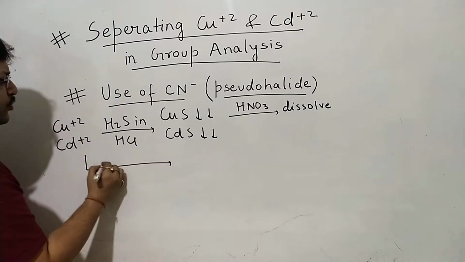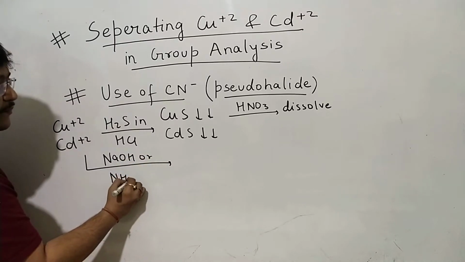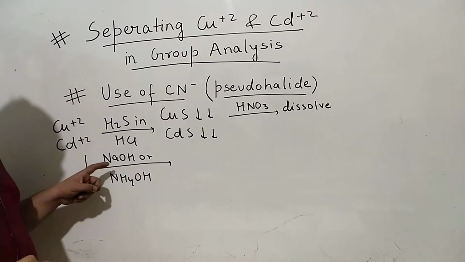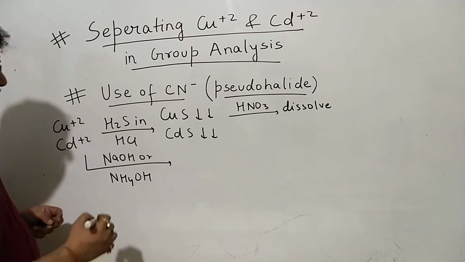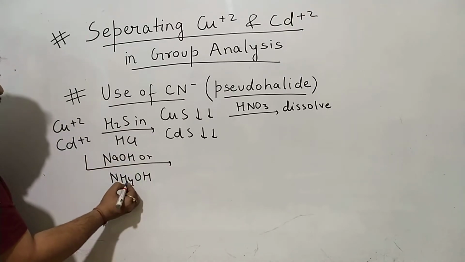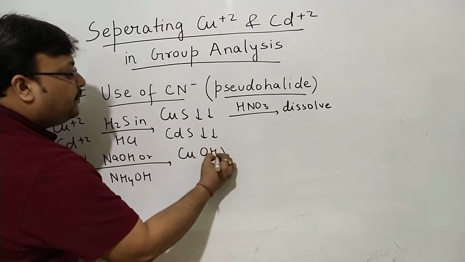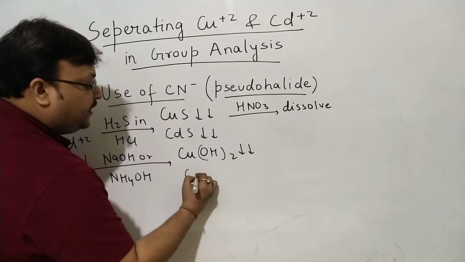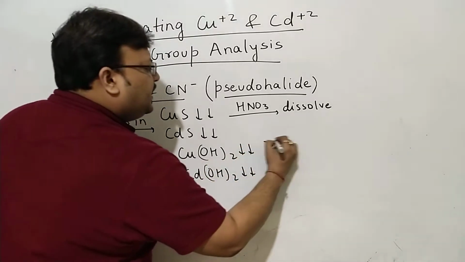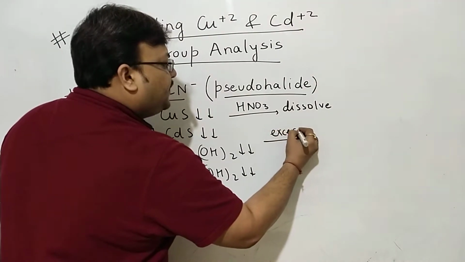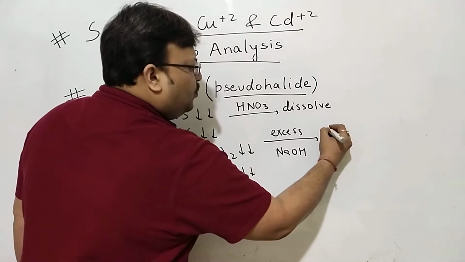In case you treat with NaOH or ammonium hydroxide, it's also an important piece of information. With NaOH or ammonium hydroxide, the precipitate is always a hydroxide. So whether you take NaOH or ammonium hydroxide does not make a difference. OH minus, and both will precipitate as hydroxide. In excess of NaOH, none will dissolve.